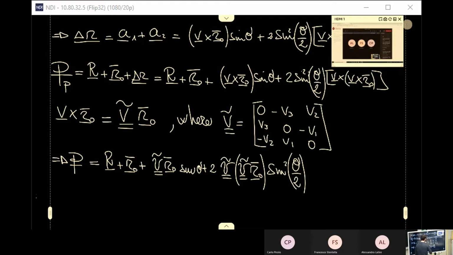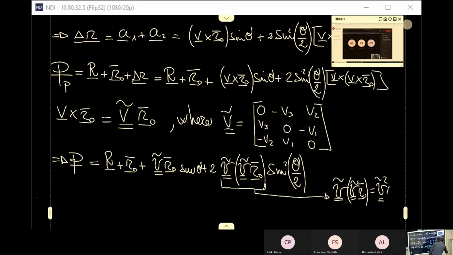In fact, we can express this as V times V over R0 over bar as a square, okay?